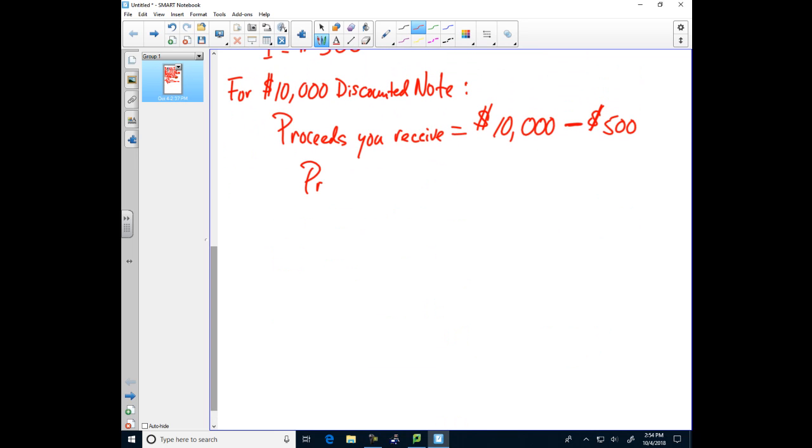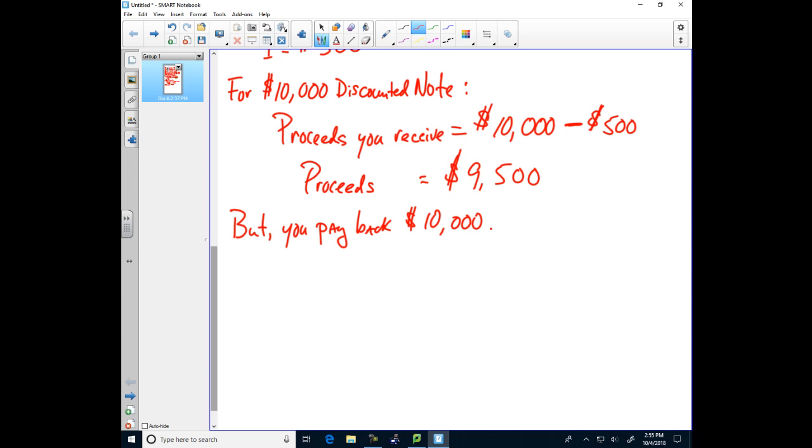So the proceeds is actually $9,500, but you pay back 10,000. So they keep 500 of it. They have the interest off the top. And then you still have to pay the 500.